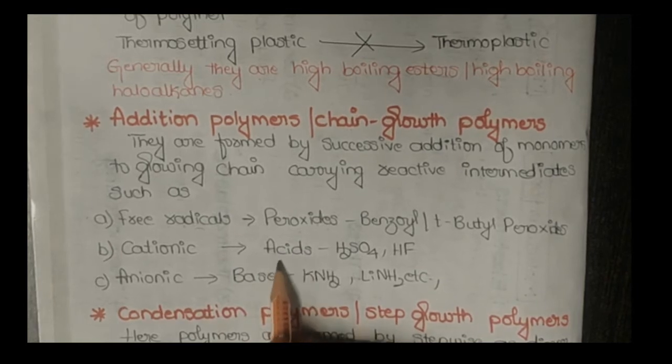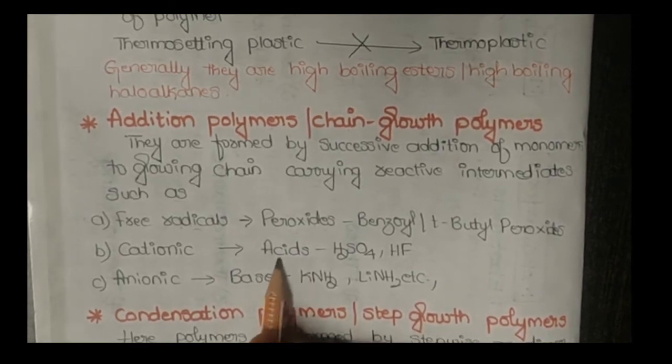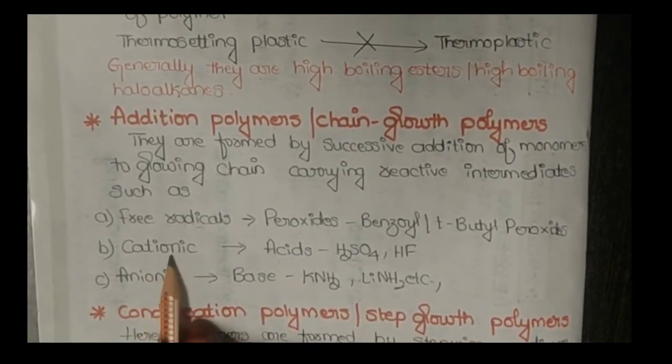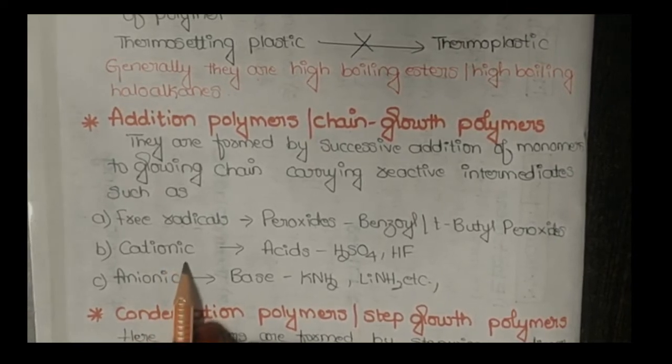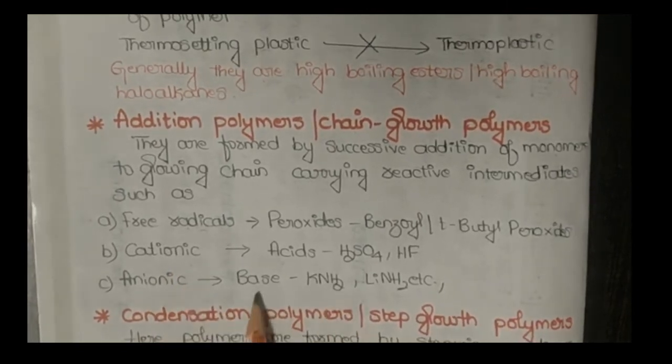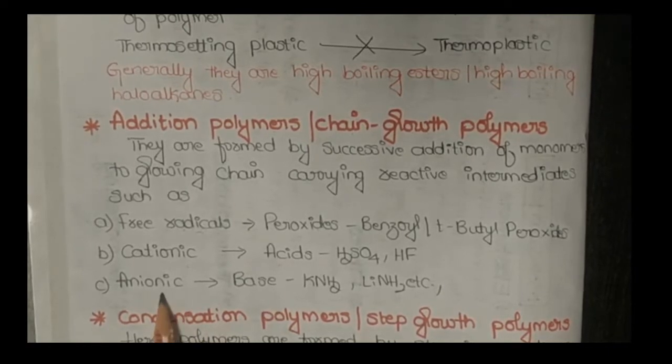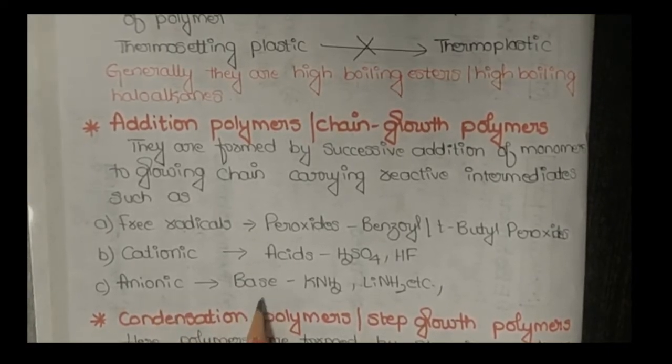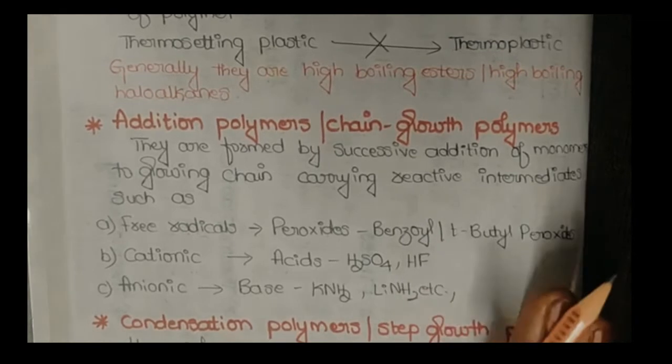So if I add an acid to a monomer, I can end up with a carbocation as an intermediate. In the same way, if I want a carbanion as an intermediate, we can add a base. Okay, so only so much you should know.